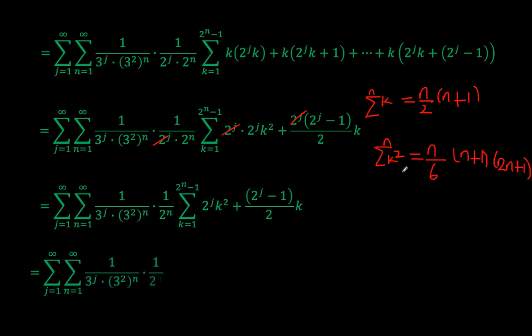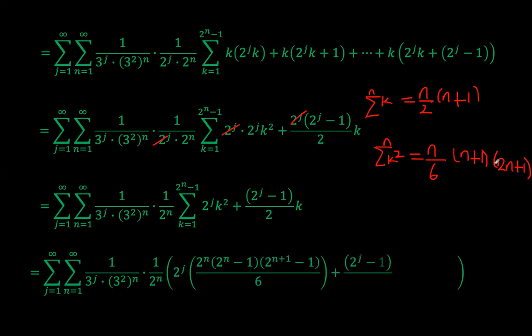As you can see, since our n is 2 to the power n minus 1, we have 2^n, n plus 1 is the same as 2 to the power n, and then n is 2^n minus 1, and then 2n plus 1 becomes 2 to the power n plus 1 minus 1 over 6, shown here. And then for the k term, n is 2^n to the power n minus 1, and then n plus 1 is 2 to the power n.